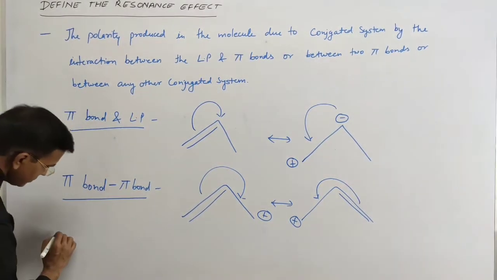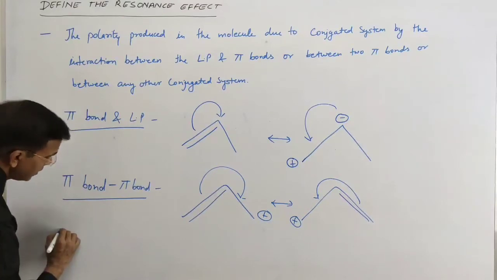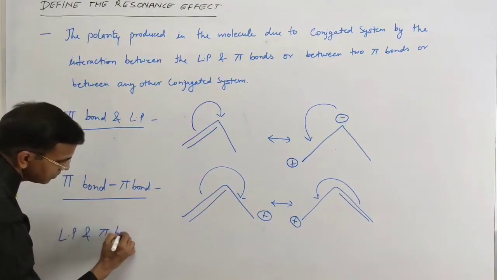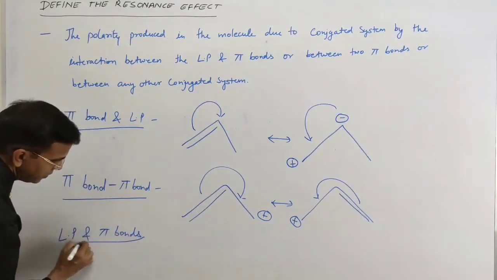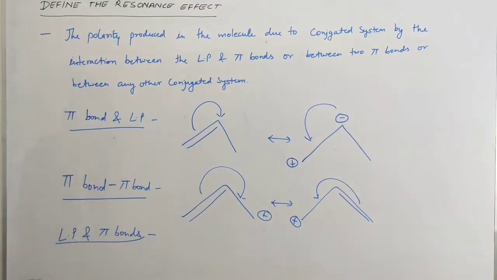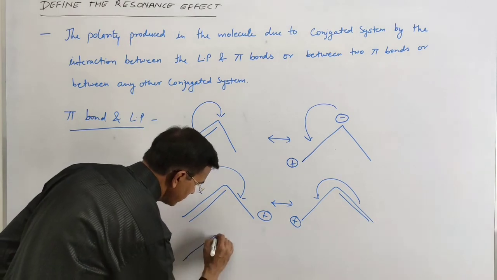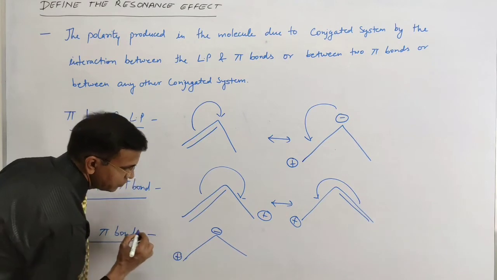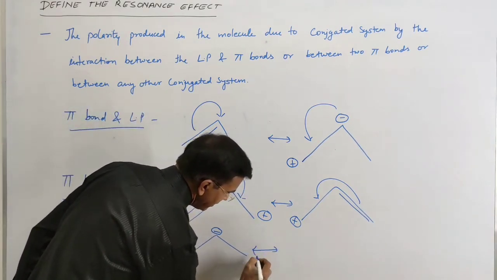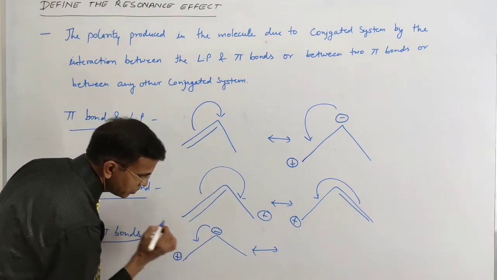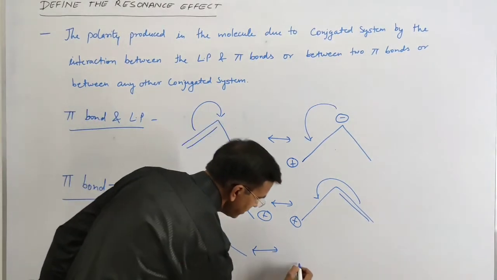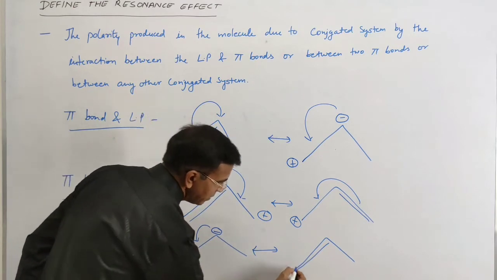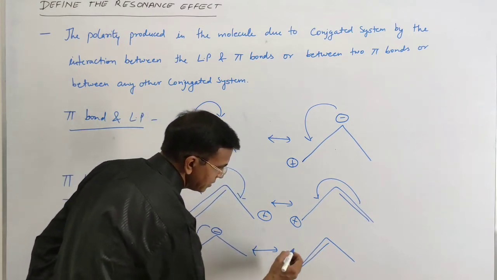Now next is between lone pair and pi bond. Suppose this is the lone pair, positive charge, and this shifts through this direction, and here comes the double bond, right?